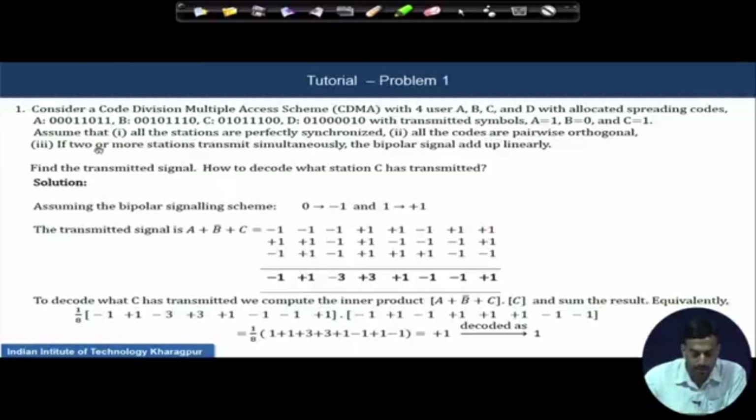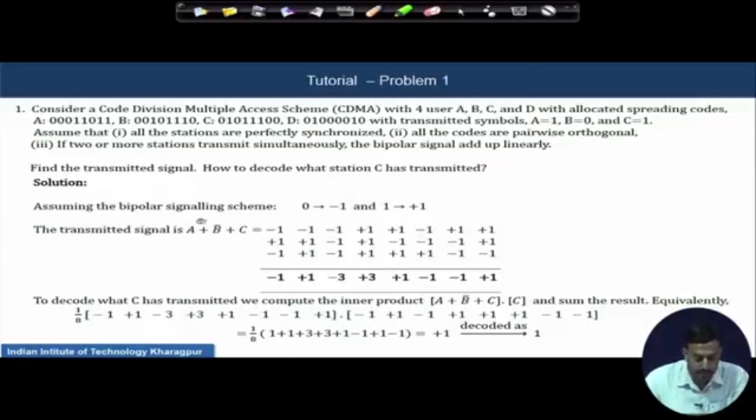We also make another assumption that if these stations transmit simultaneously, which is what is going to happen in our problem, then the signals, that is the binary bits, are going to be mapped using a bipolar signaling scheme, and these bipolar signals add up linearly to form a composite signal which is received at the receiver, and then we use the despreading procedure in order to decode the bit at the receiver from a given user.